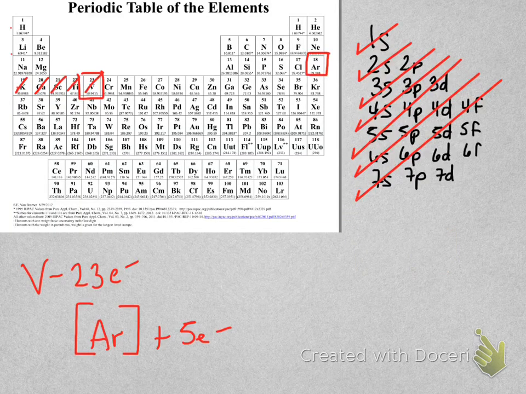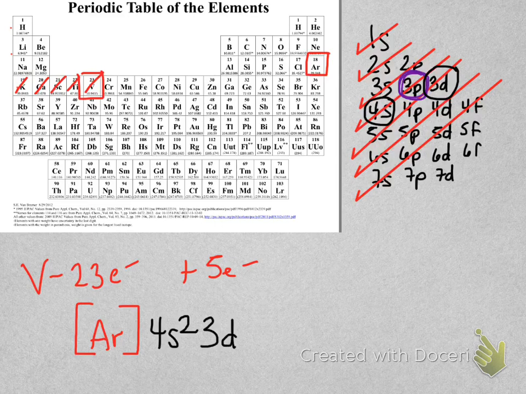So if I know argon ends on the 3rd period, and I know that it has a full s and p, I know that the last subshell that argon would have filled would be 3p, which means those 5 electrons that I'm adding, well, I'm going to start with 4s2, that's that, and then I still have 3 electrons left to fill. That will be 3d3.